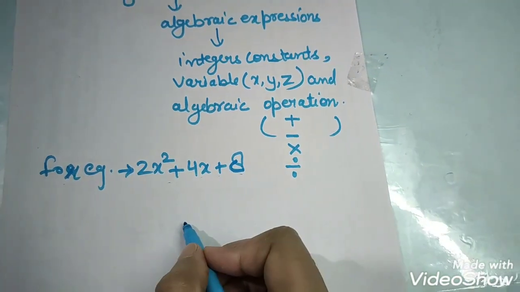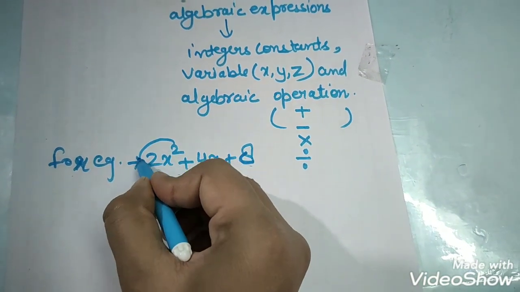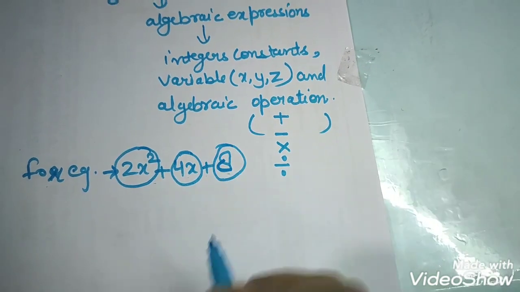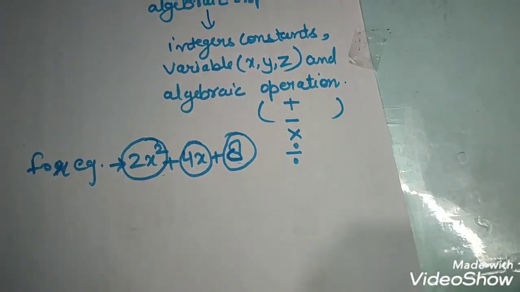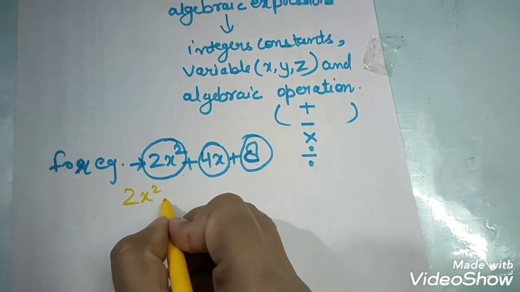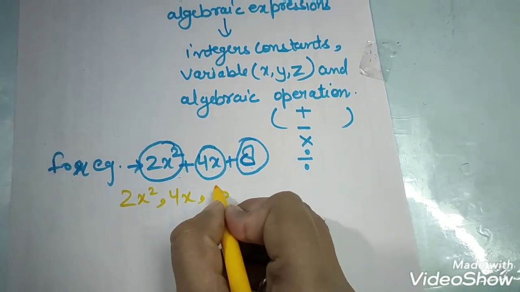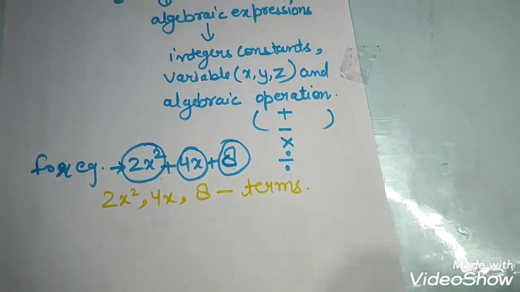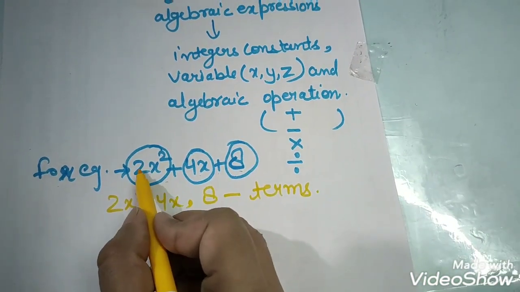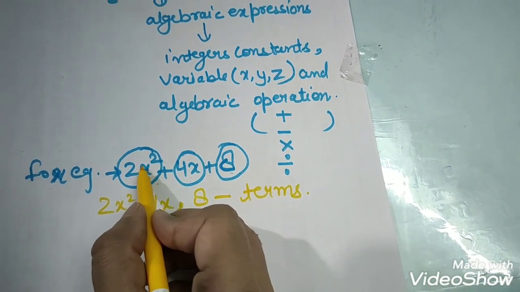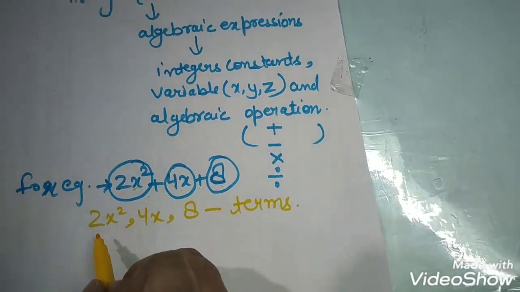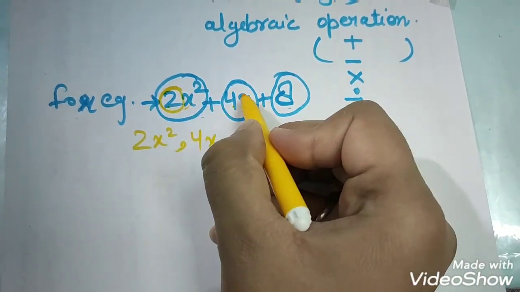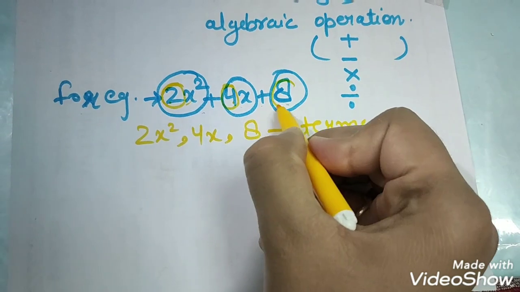Okay, look here now. These different expressions, 2x square, 4x and 8, are called terms. And the number with the variables is called its coefficient. That is this number part: 2, 4, 8.